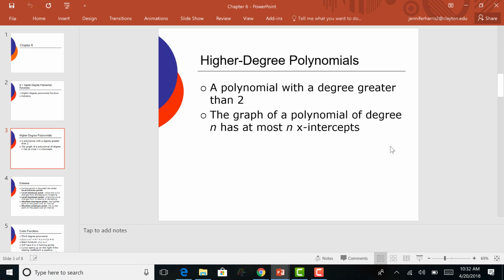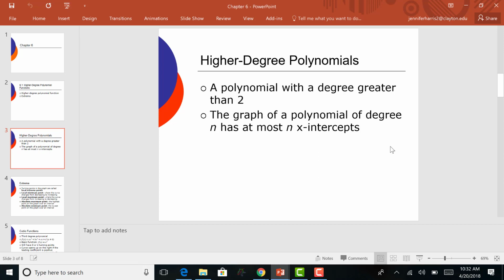Now, that bullet number 2 that you see on the screen says it has at most n intercepts. N is the degree. Let me give you an example. Y equals x to the 3rd plus 2x plus 1.